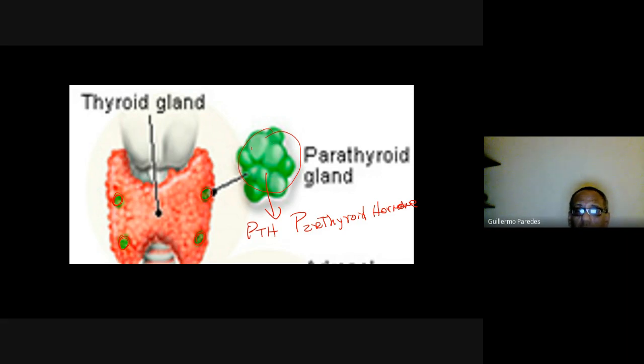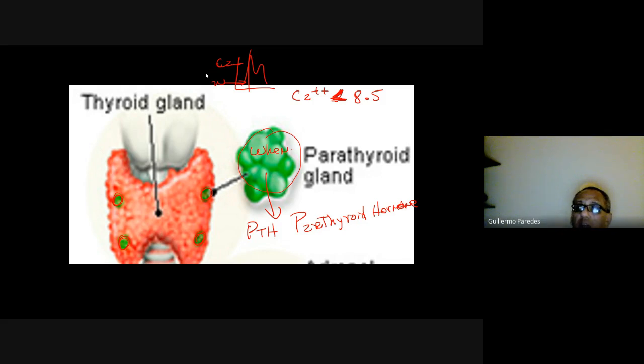When does the parathyroid produce the PTH? The PTH is going to be produced when the calcium is lower than 8.5. Remember the same chart that we were talking about before. Calcium is needed for the contraction of smooth, striated, and cardiac muscle, and the nervous system.